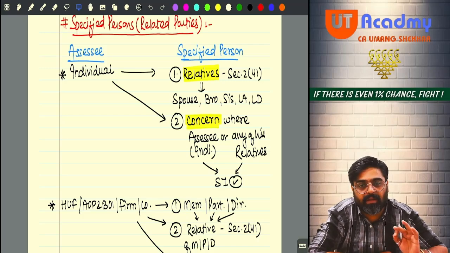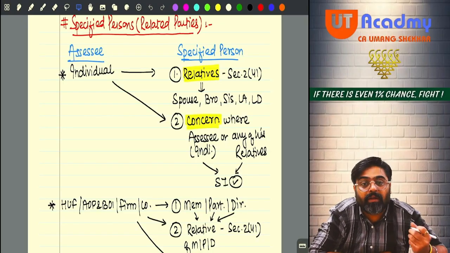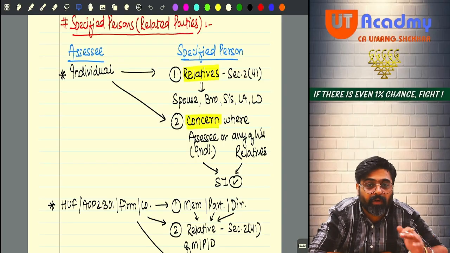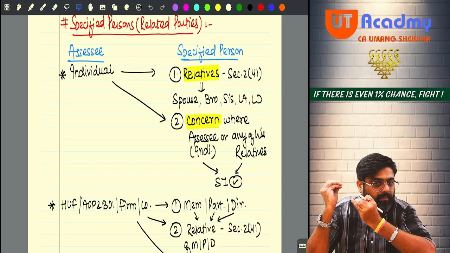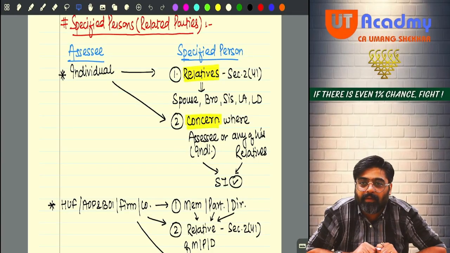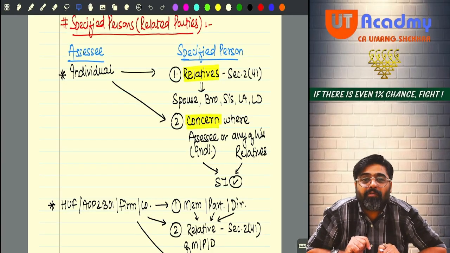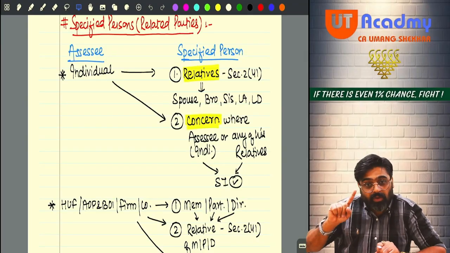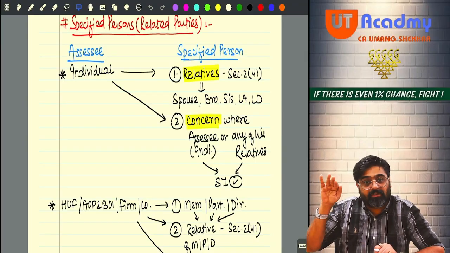They have just given the name relatives. Any payment made by an individual to his relative. Relative is a specified person. Getting my point? Who is a relative? 40A2 is silent. So I will have to go and check the definition of relative in the Income Tax Act, section 2. So section 2, subsection 41 defines relative.